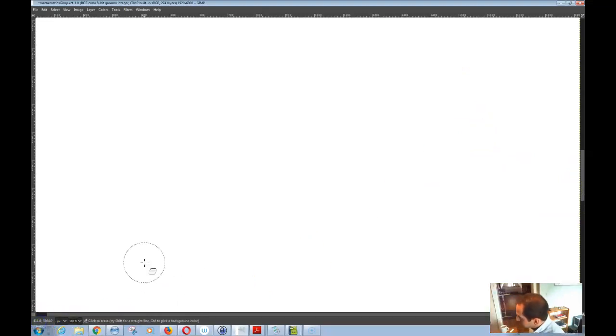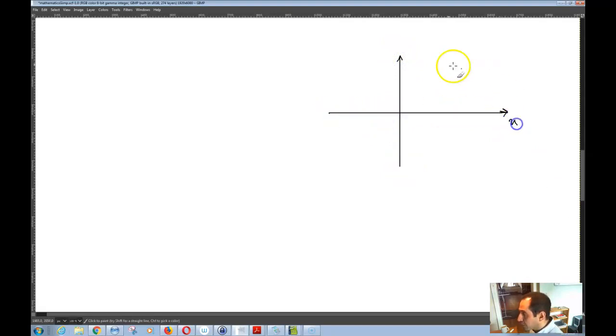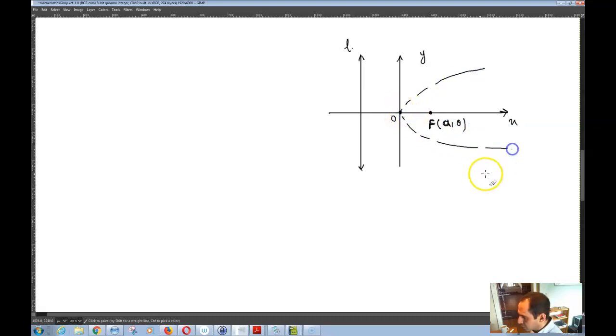Now there is something else related to these parabolas, which is called the axis of the parabola. Let's say this is the y-axis and this is the x-axis, and let's say this is your directrix, let's call it L, and this is your F with coordinates a comma 0, and this is the origin and your parabola is some parabola like this.